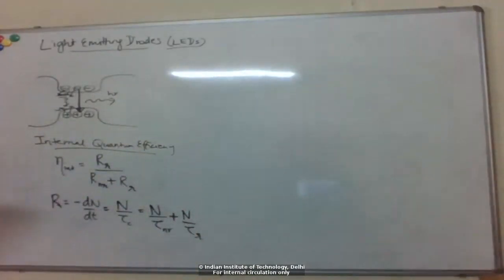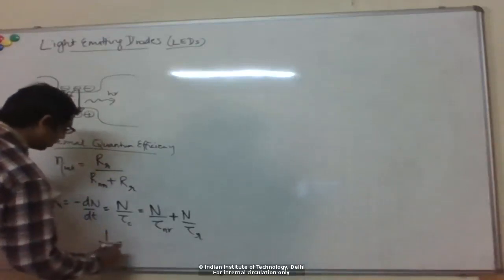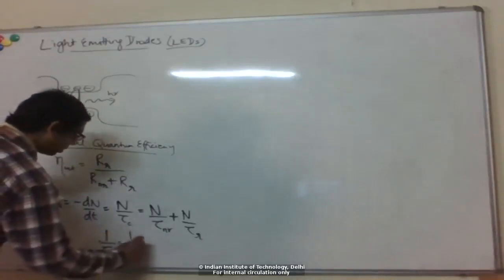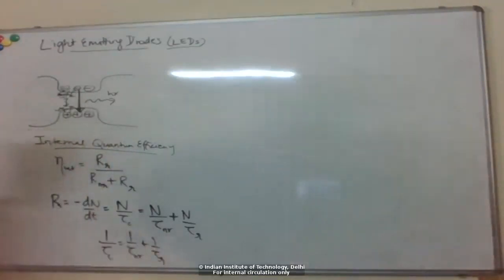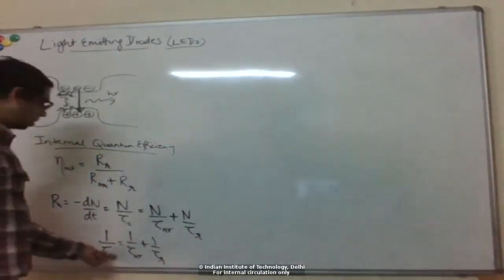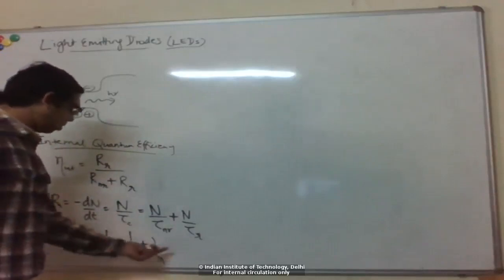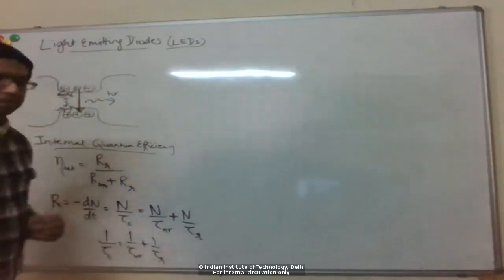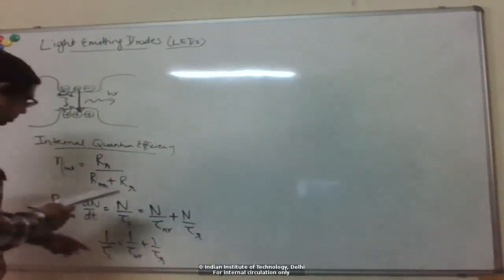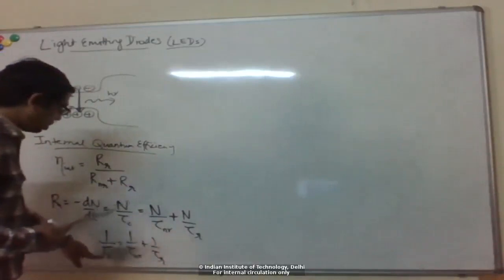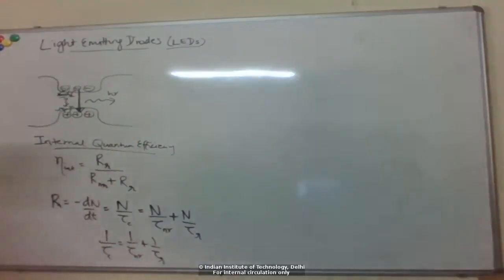You can see that the total lifetime of the carriers is the inverse sum of the radiative and non-radiative terms, a harmonic mean of the non-radiative and radiative lifetimes. So you can see that tau c will be less than both tau nr and tau r.